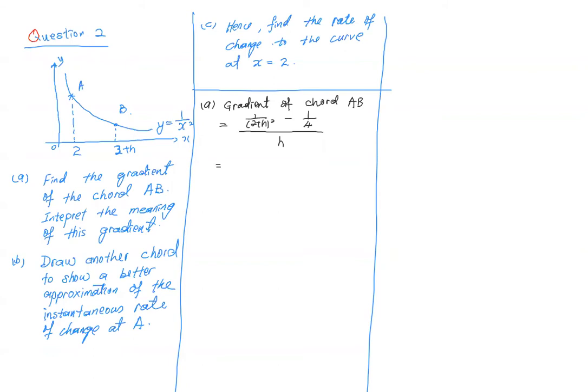This is (4 minus (2 plus h) squared) divided by h, 4h, (2 plus h) squared. I can write like that straight away. So I can get the answer.